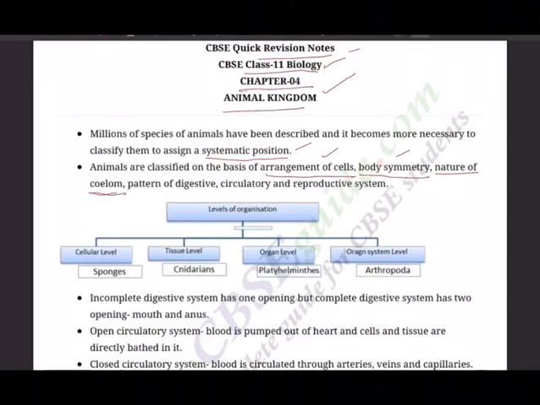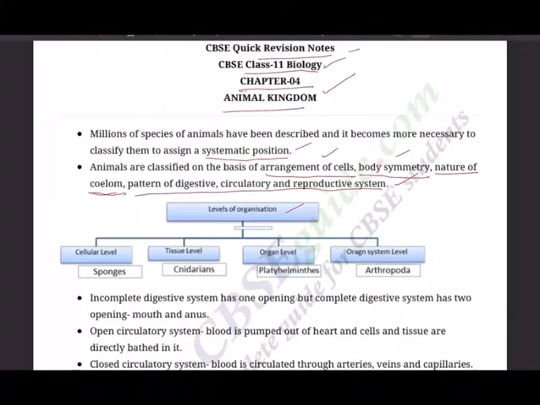Coelom is the body cavity present inside the animal. Whether coelom is present, true coelom is present, or coelom is not at all present, based on that. And then pattern of digestive, circulatory and reproductive systems. So these are the general characters we take based on which we classify the animals.